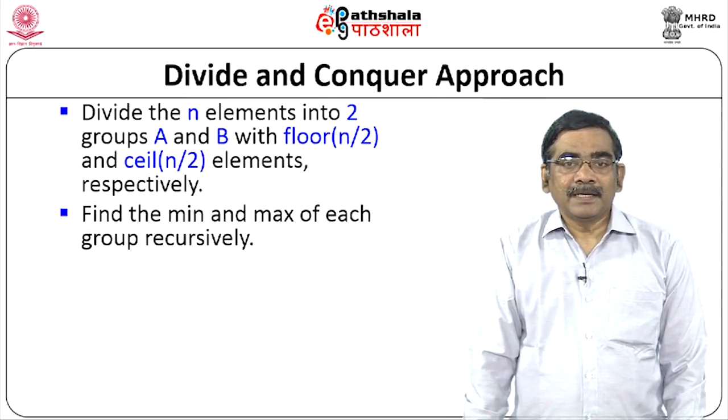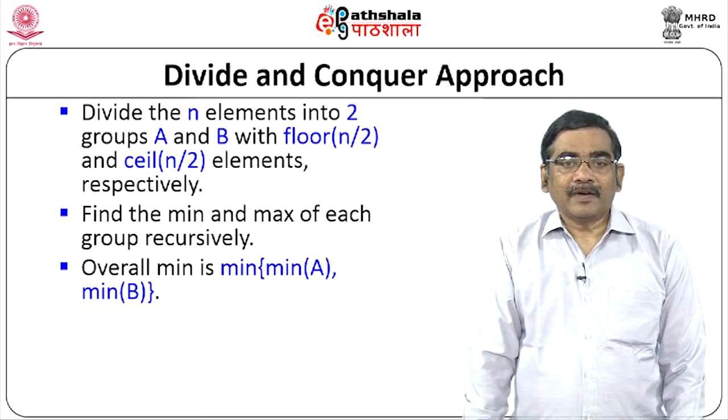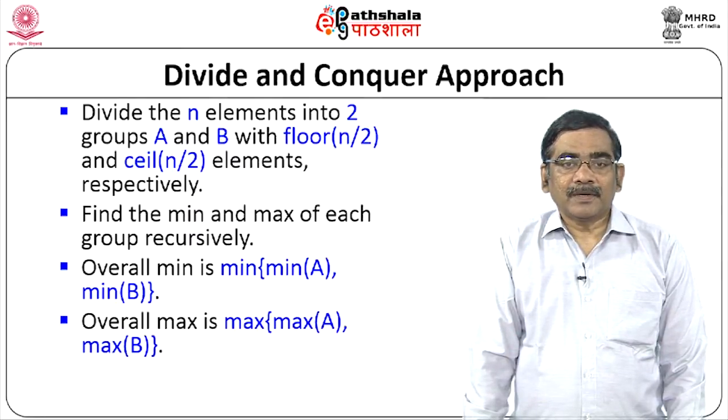Then find the minimum and maximum of each group in a recursive manner, and finally find the minimum as the minimum of group A and group B. Similarly, you can also find the maximum from the maximum of group A and group B.